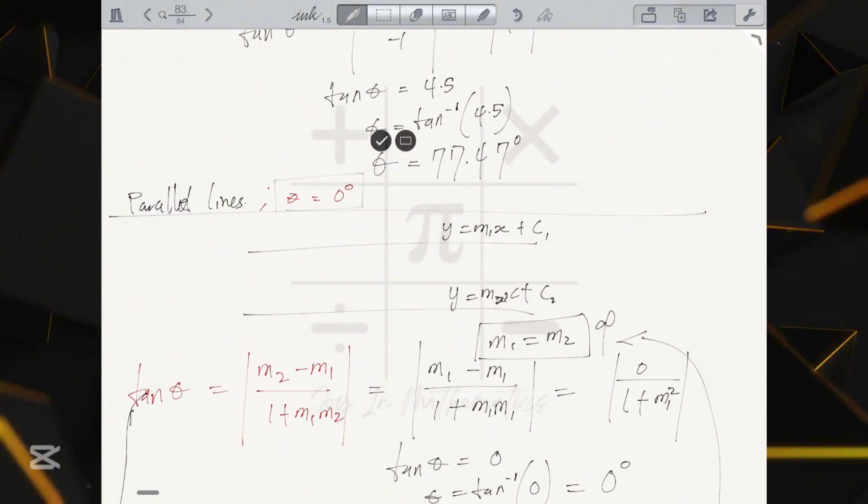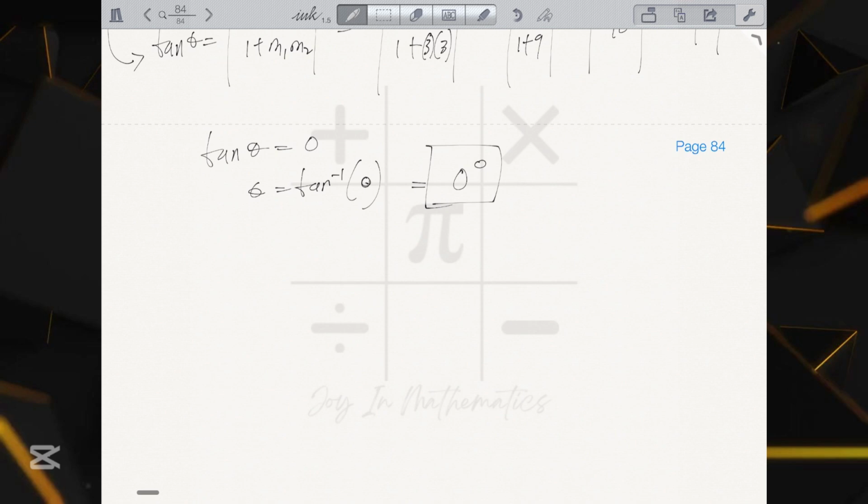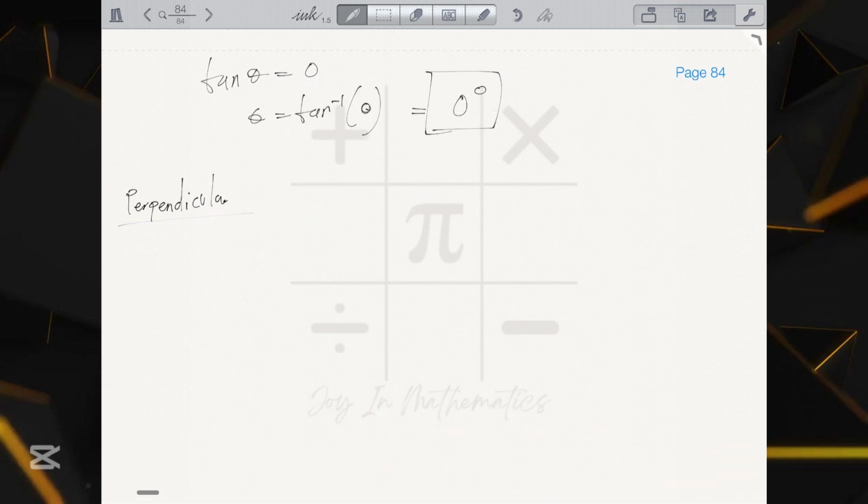Now, what if we now have perpendicular lines? If we have perpendicular lines, let's give a question for perpendicularity. That means we have a line, let's say y is equal to m1x plus c1, and likewise another line, y is equal to m2x plus c2.